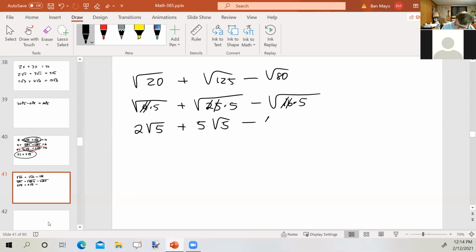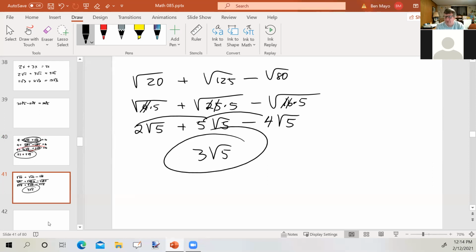Third time's a charm. So these are all like radicals. 2 of something plus 5 of something is 7 of something. Minus 4 of something is 3 of something, the something being the square root of 5. That's a lot of somethings.